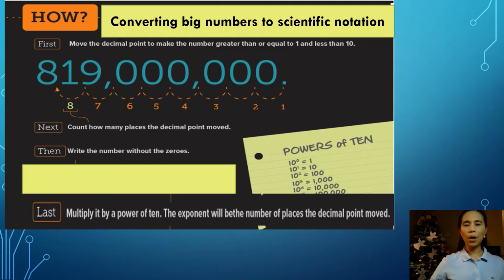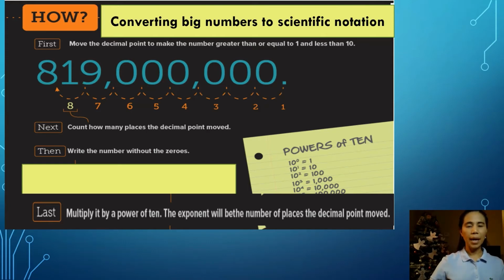Counting the number of places where we will be moving the decimal point, we have 1, 2, 3, 4, 5, 6, 7, 8. So we end up with 8 at the left of the decimal point, because we said that it should be equal to 1 or greater than 1 but less than 10. So that is why we have ended up there.